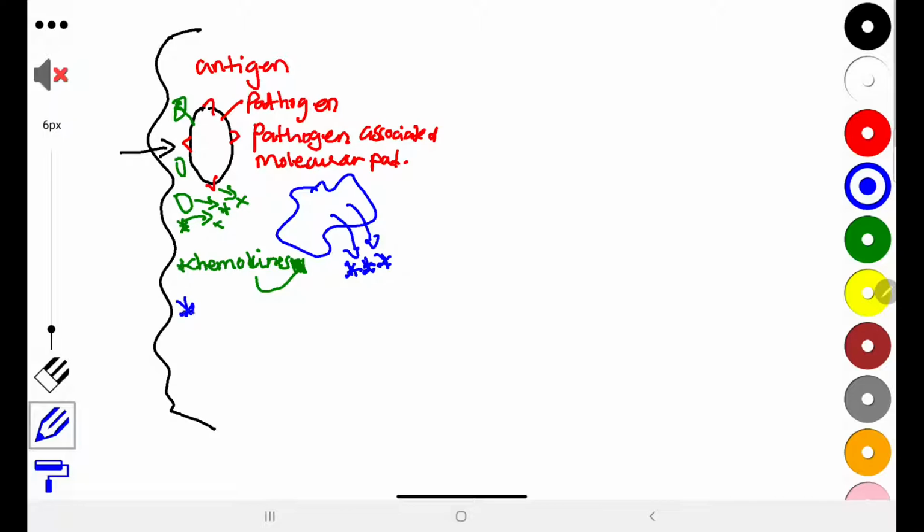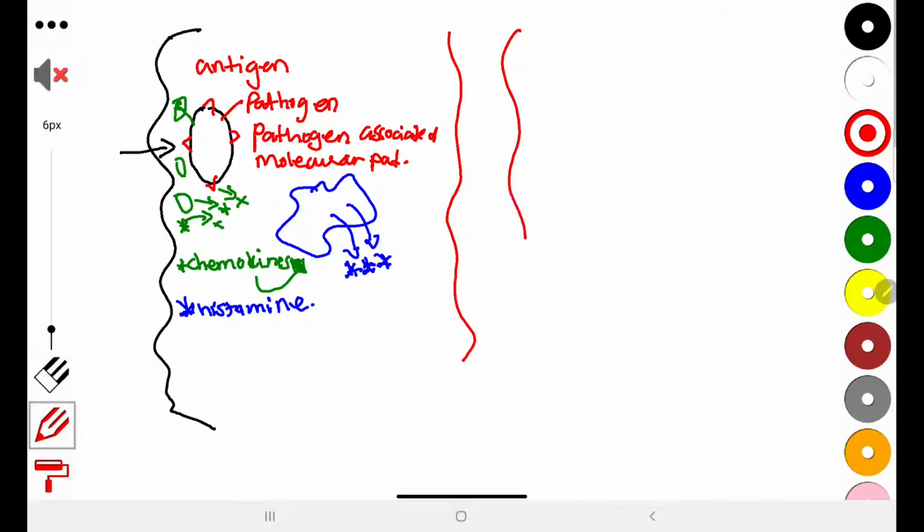Okay, so this is histamine. So histamine leads to several things. Let me draw a capillary here. And this capillary, of course, has endothelial cells.